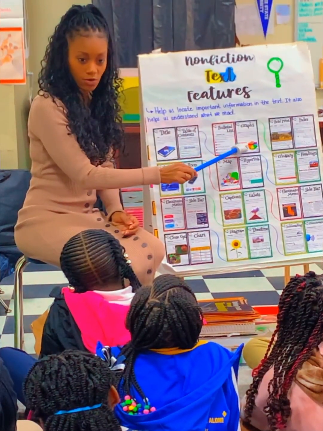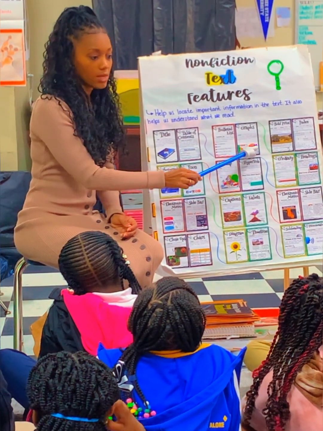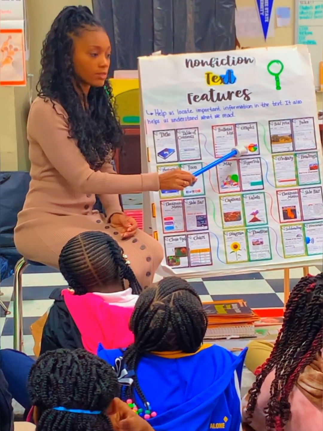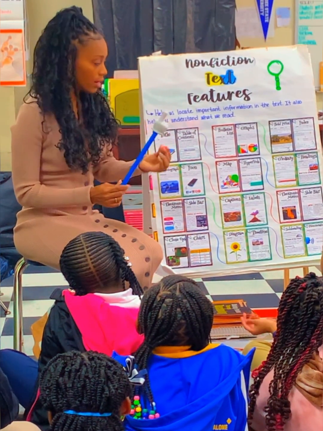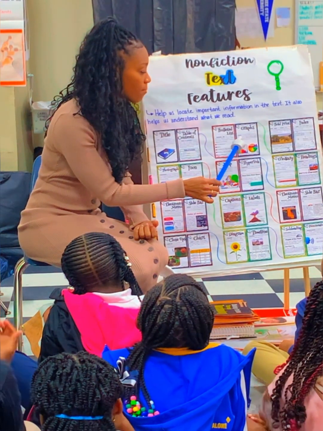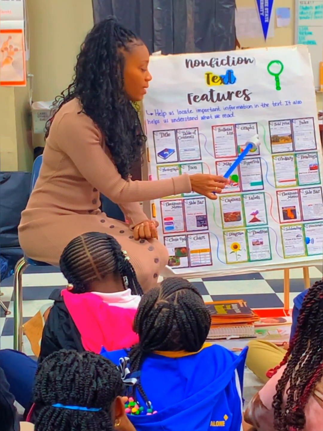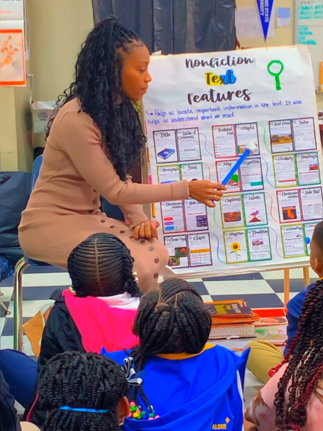Graphs. Now, we've seen graphs in math, right? Yeah. Well, you will also see graphs when you're reading your text. The author may want to make some type of comparison to what you're reading about and other things. You'll see it in a graph. A graph is a way to show information from the text. Graphs make it easy to compare the difference between a group of things or data.